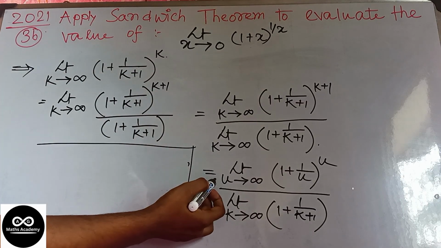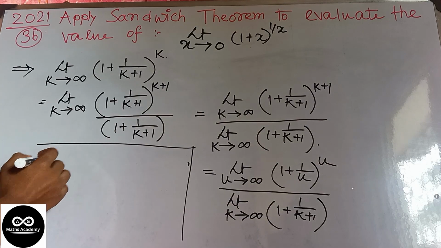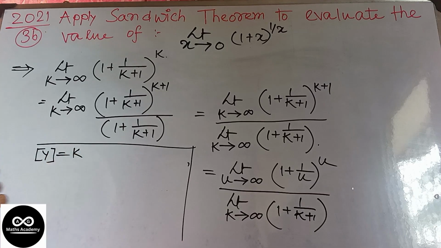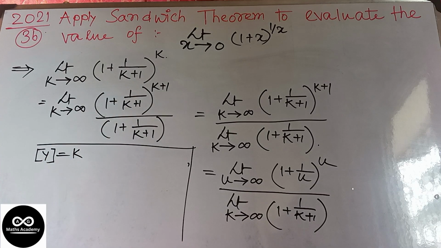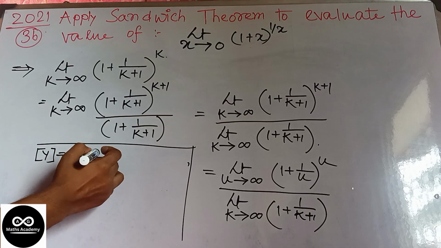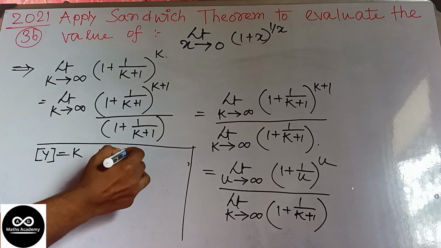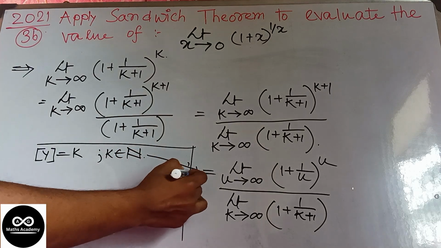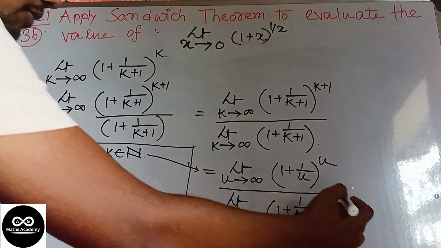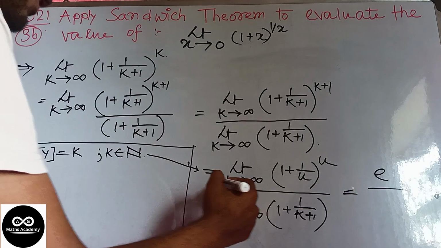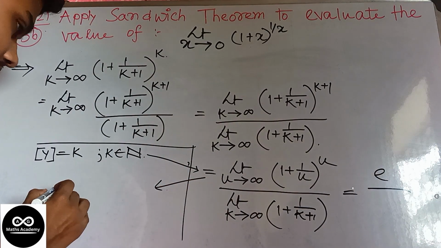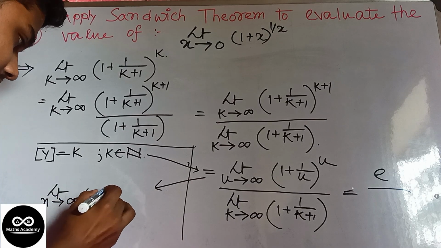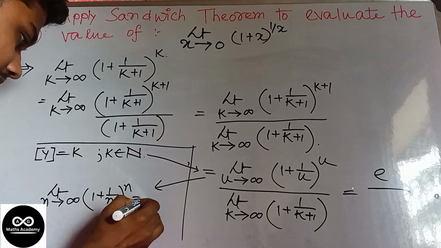Now, as we have taken this equal to k, where k is a natural number, this will be e, as the limit as n tends to infinity of (1 plus 1 by n) to the power n is e.